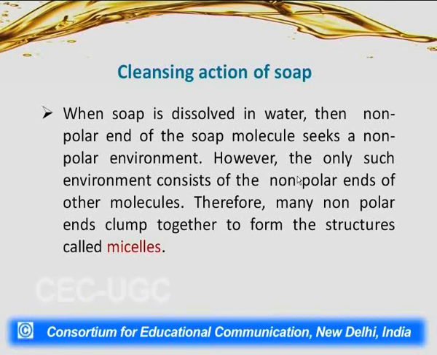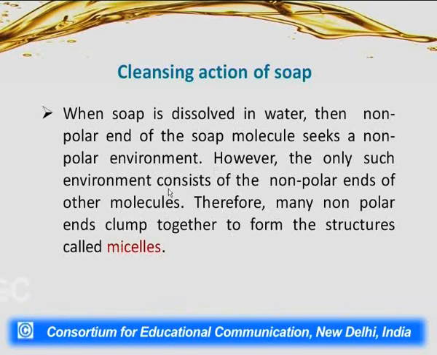Now, when soap is dissolved in water, what happens? Their non-polar ends come together and clump, and then they form a spherical structure which we call a micelle. What happens in the micelle?